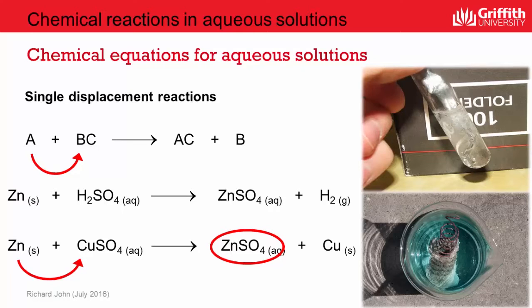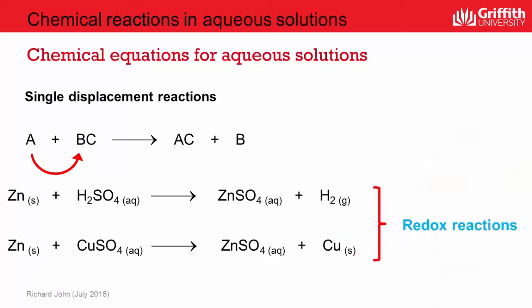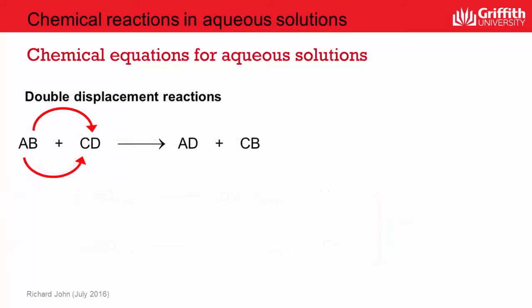Sulfate salts are generally soluble, there's only a few exceptions, and the other product that's formed here is metallic copper, which forms on the surface of the zinc, as you can see in that photo there. Now these two reactions are examples of redox reactions or electron transfer reactions, and as I said, we're going to go into those in a lot more detail later on.